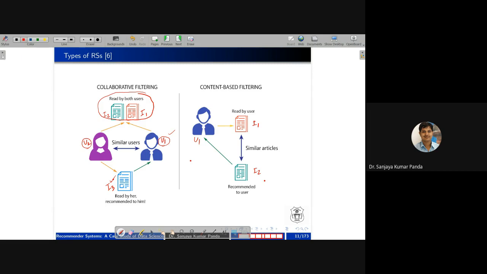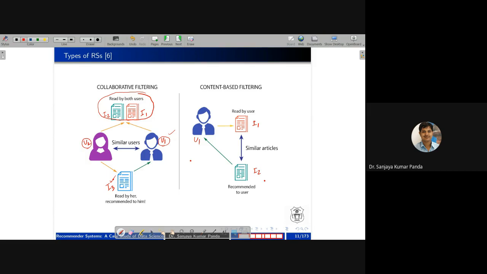But if you see the content of I1 and I2, they are more or less the same, or there is some connection between I1 and I2. Like here we say that article I1 is the same as article I2. They are similar articles. So as these items are similar, item I2 is suggested to U1.